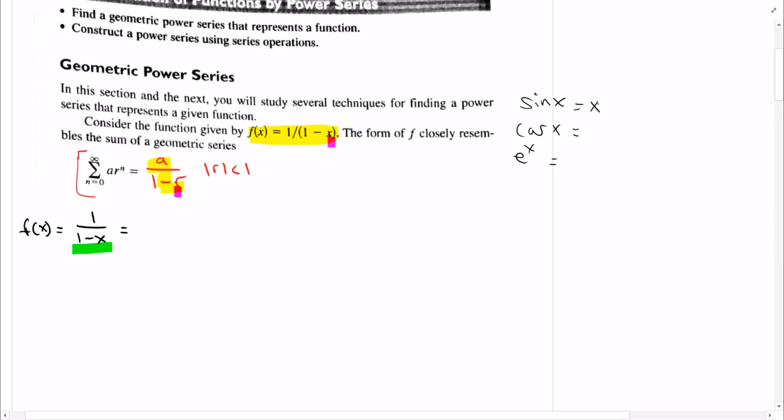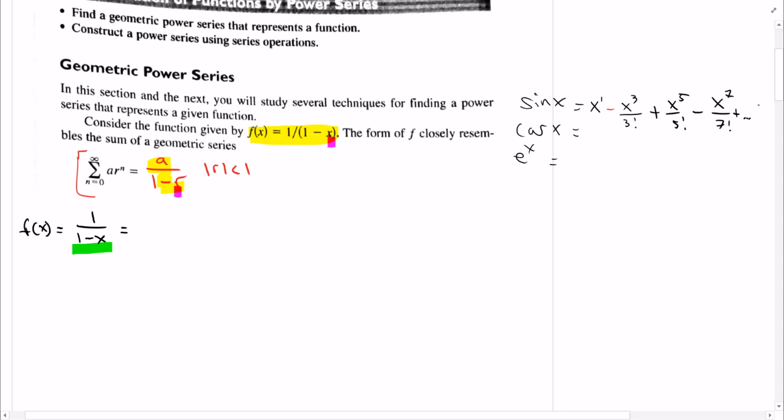So we're going to get x plus, so that's x to the 1, which is odd, x to the 3rd over 3 factorial, and careful, we should get a minus sign there, plus x to the 5th over 5 factorial minus x to the 7th over 7 factorial plus dot dot dot.